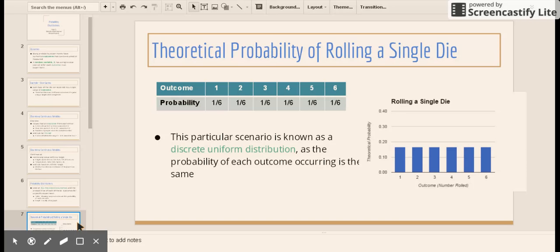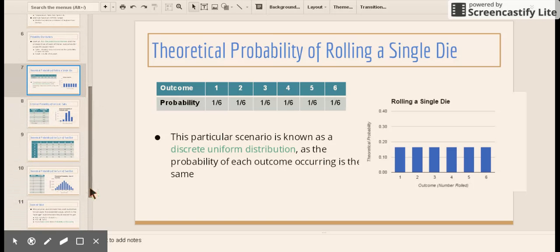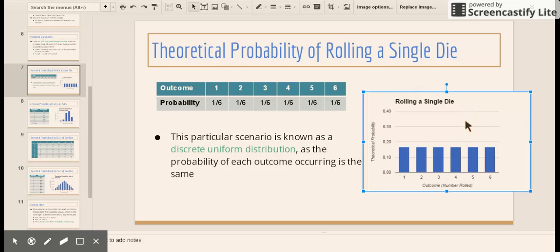So this particular scenario here is known as a discrete uniform distribution because the probability of each outcome occurring is exactly the same as all the others. All right, so this is, again, a discrete uniform distribution. Uniform meaning it's the same. You can see in my probability histogram over here, all of the probabilities are exactly the same.